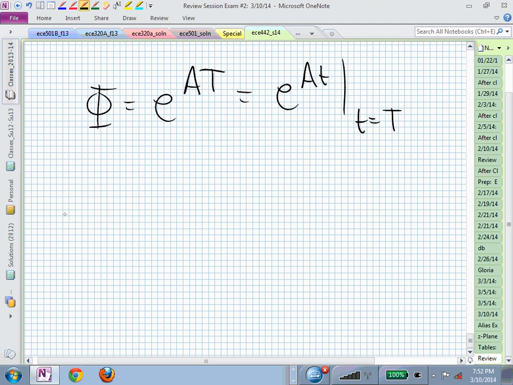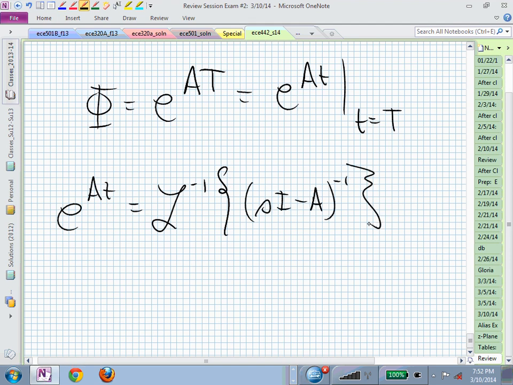Well, so e to the At is now the inverse Laplace transform of sI minus A inverse, and that's by hand. Which means you might have to invert a 12 by 12 matrix symbolically if A is 12 by 12.